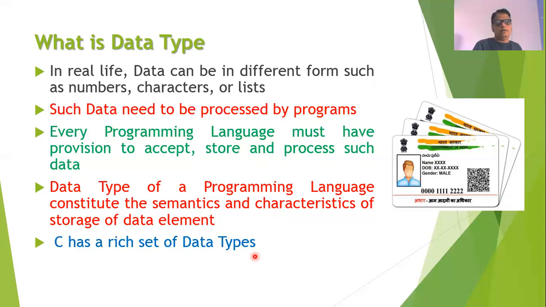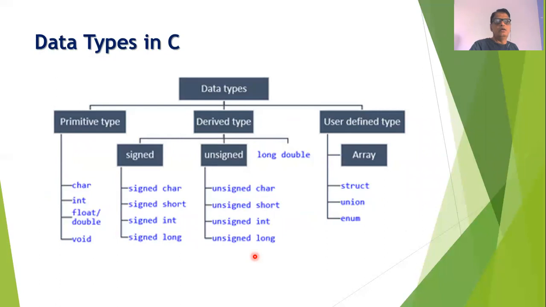As far as the C language is concerned, it has a rich set of data types. So in this session, we will understand what exactly the different data types available in C programming language are. Basically, you will find that the data types in C programming language can be classified into three categories. The first one is called the primitive type or primary type.